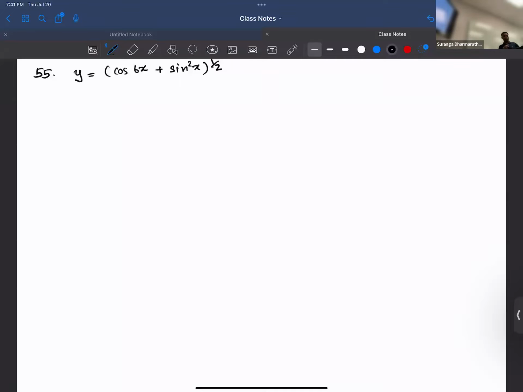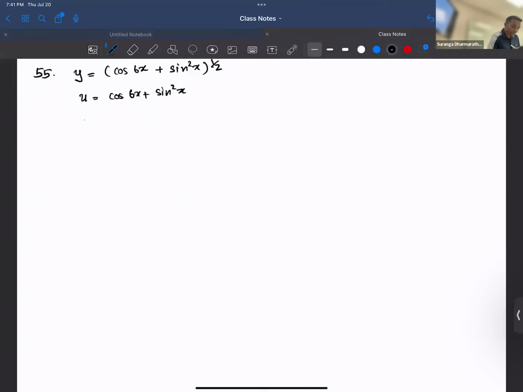Right. I saw that all of you, most of you, have figured the first step correctly. That is, you got u equals cosine 6x plus sine squared x, right? Now that's a very good point, right?